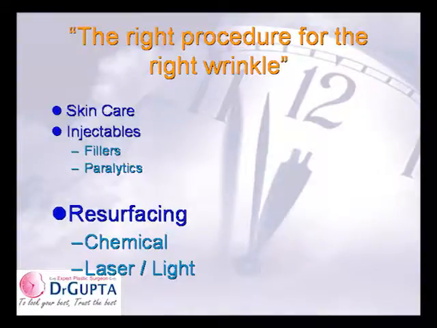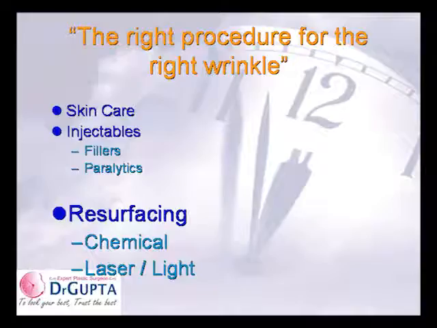So once again, in consideration of picking the right procedure for the right wrinkle, a lot of it depends on where you have aged and where you have wrinkles, as well as what your age is. Using good skincare based on alpha hydroxy acid peels, which can be either over the counter or at an esthetician, combined with retin-A based skin treatments and sunblock, are really that first arm of treatment.